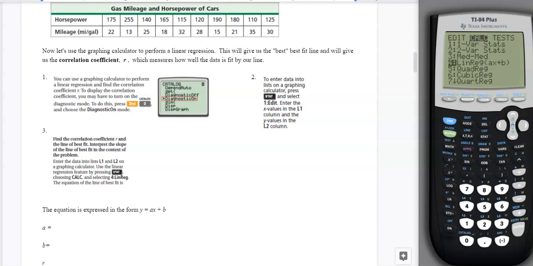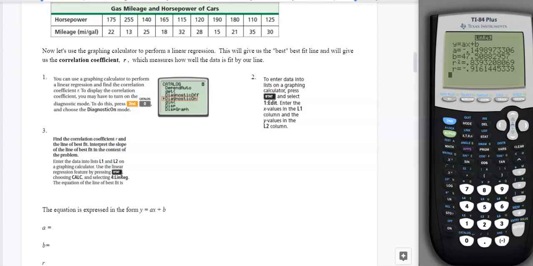And you'll notice it's in the form of a line. Instead of mx plus b, it's ax plus b. I don't know why. But we click that, and it's saying, hey, do you want to look at list 1 and 2? We're like, yep, hit enter. Enter. Calculate. Boom. And what it did was it just spit out a list of values.